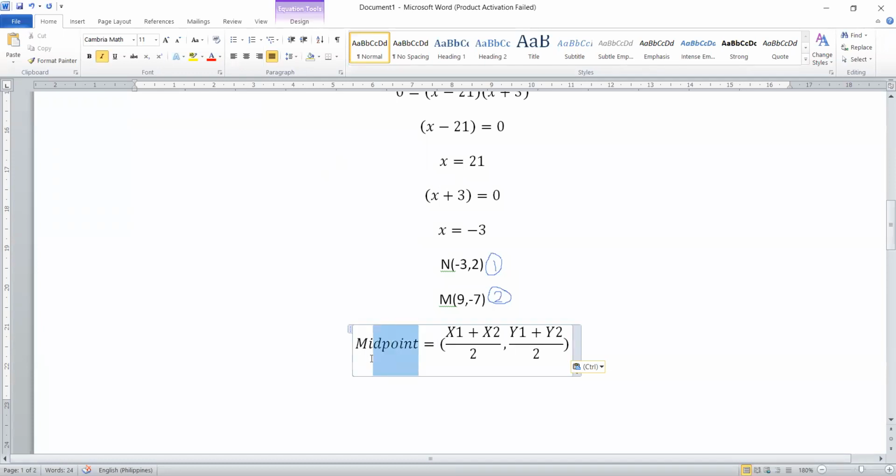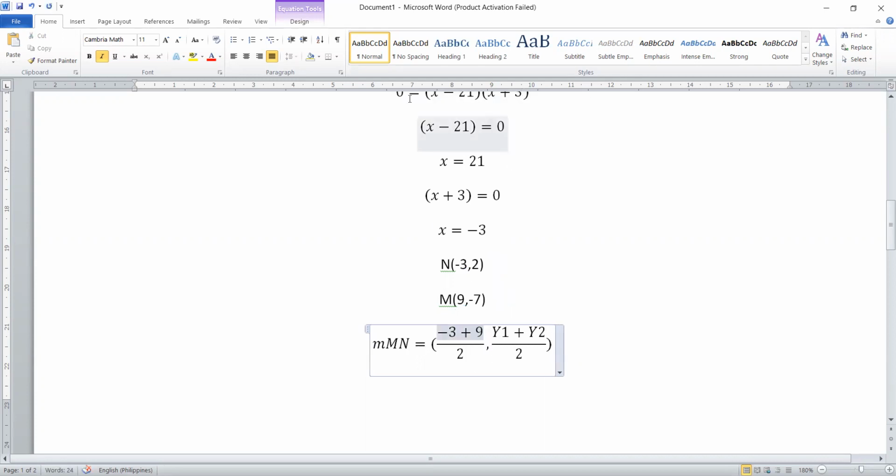So the midpoint of M and N is x1 plus x2, you have there x1 and x2, negative 3 plus 9 divided by 2.